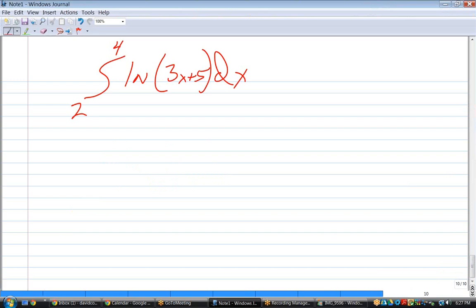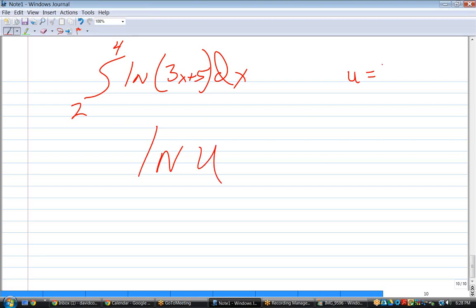If we use substitution, what are we going to let u equal? I would say u equals 3x plus 5. Yeah. And the reason is that we know how to integrate that.